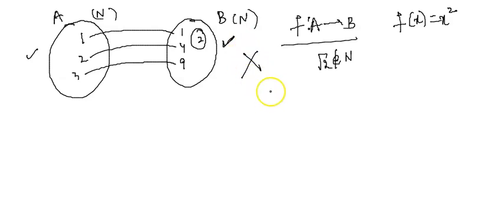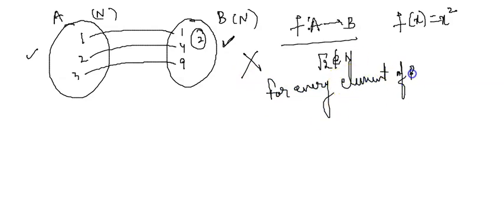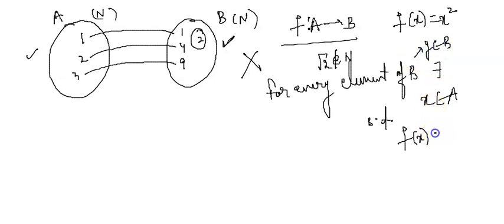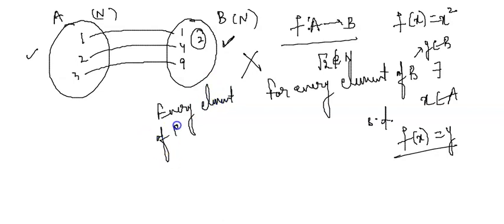Onto function means for every element of B, say y, there must exist x belonging to A such that f(x) = y. That means every element of B must have its pre-image.